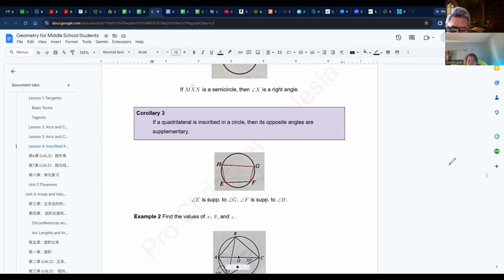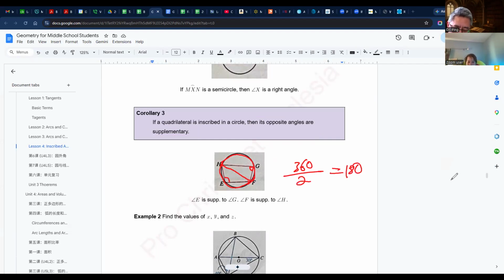So basically, if we draw a line connecting these two, you can see that this angle is half this arc, and this angle is half of this arc. These two arcs make a circle, and we know a circle is 360. Half of that, of course, is 180.